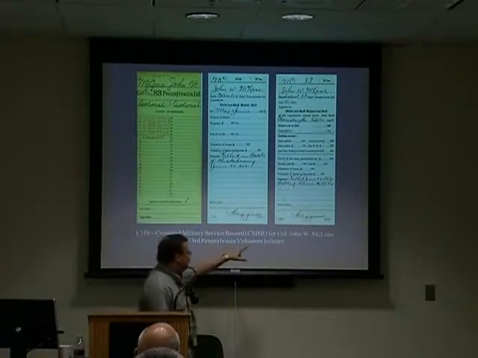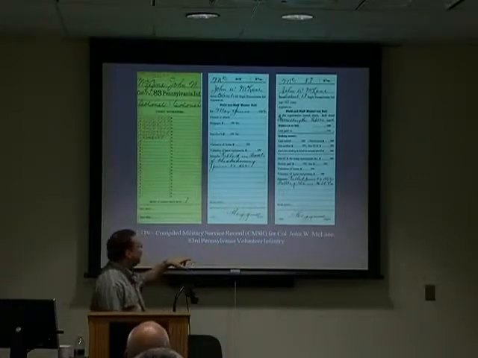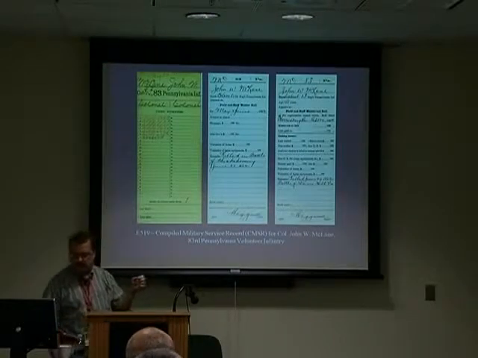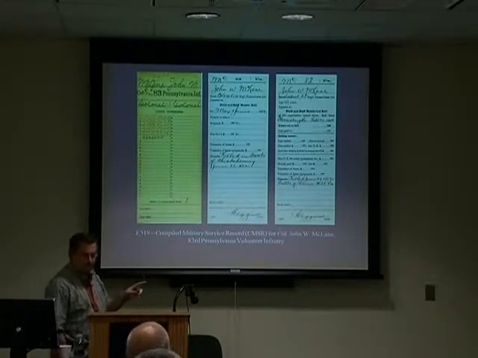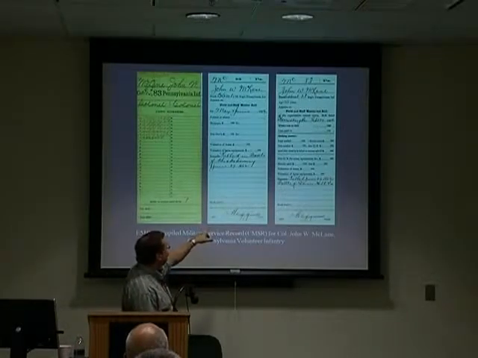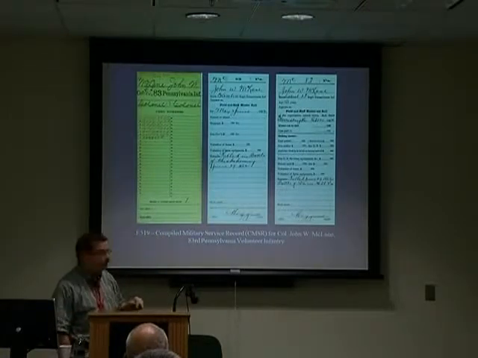Then the two cards here are just two examples of the cards that are located in the jacket. These show specific information that was gleaned from two different records pertaining to John McLean during the war. The middle one shows information taken from a Field and Staff muster roll from May and June of 1862.